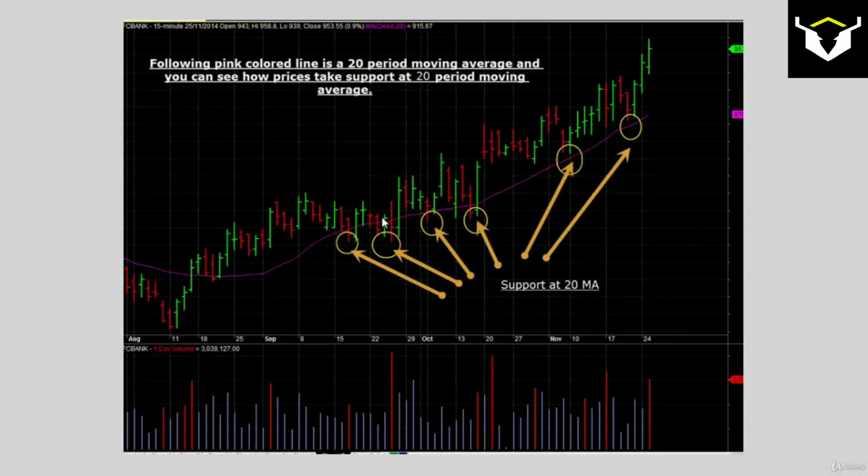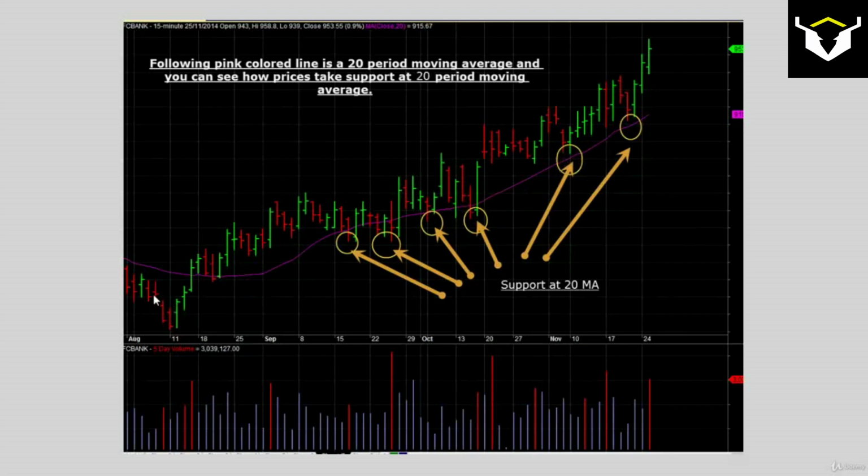Compare this pink colored line with the bars or price chart. You can see that in a lot of places prices have found support around these pink colored lines.